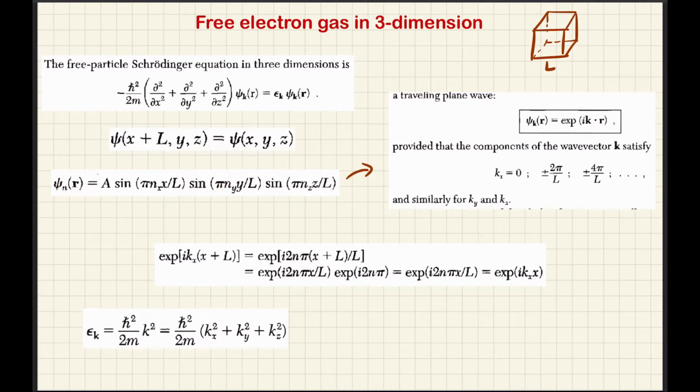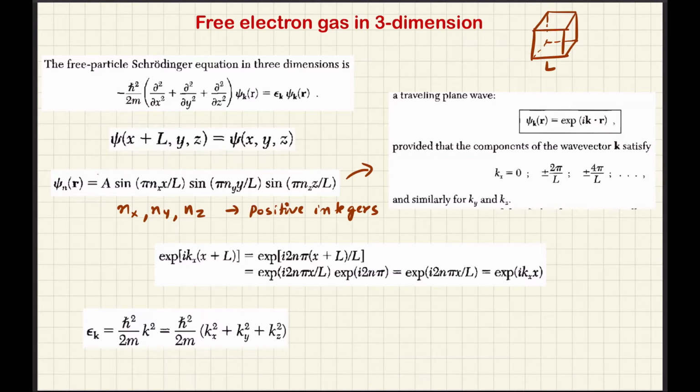The solution is in the form of multiples of sine functions. Here nx, ny and nz are positive integers, and this defines the solution or the orbitals of the electrons.